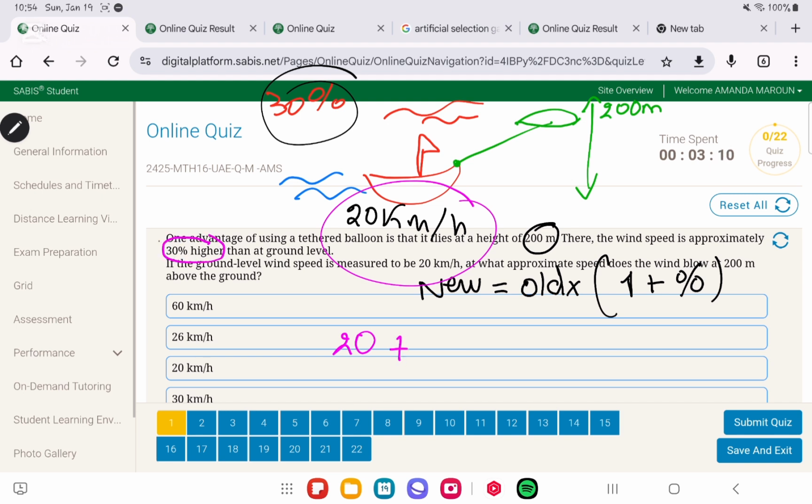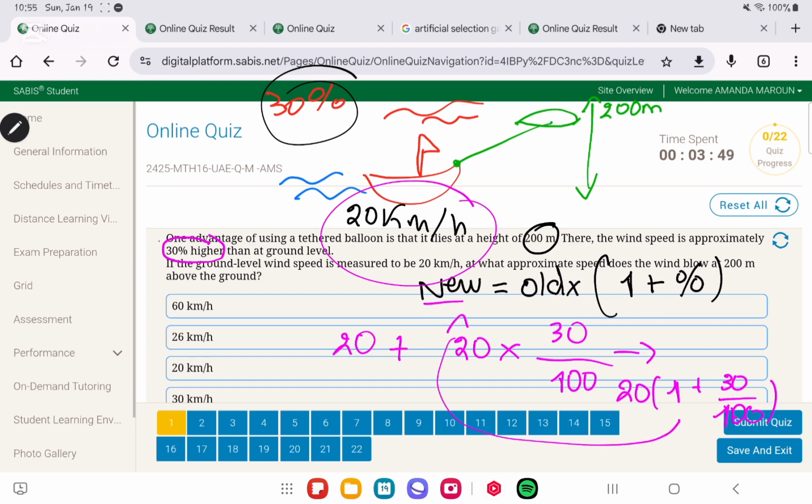But we are not going to add 30%, instead we are going to add 20 times 30%. Alright, so from this we get the equation new is equal to old times 1 plus the percentage. So here, if you were to take out 20 as common, you are going to get 20 times 1 plus 30 over 100. And like that, we are going to get the new speed.